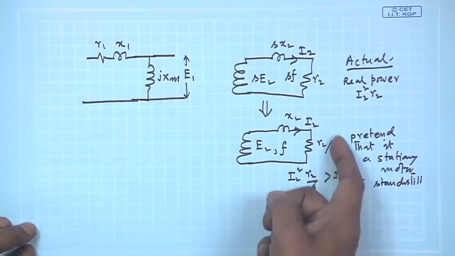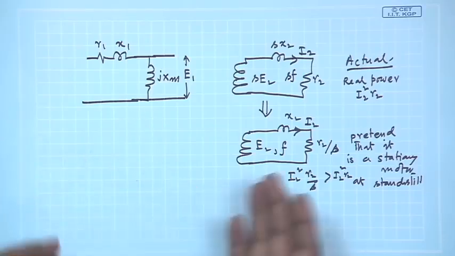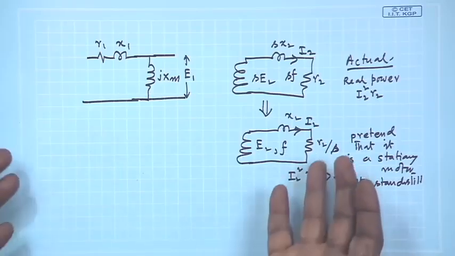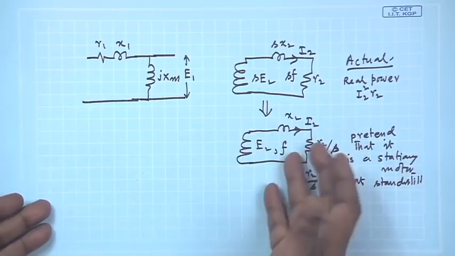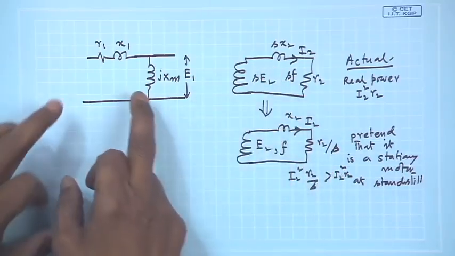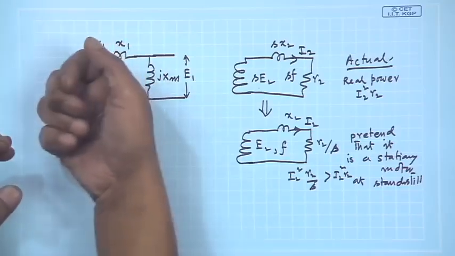That is why this R2 by S will take into account both the actual rotor copper loss of the machine. In this case, suppose somebody says R2 by S is the resistance and there is no mechanical power, story is over here. But coming here, I will tell, because I do this, it draws enough power.